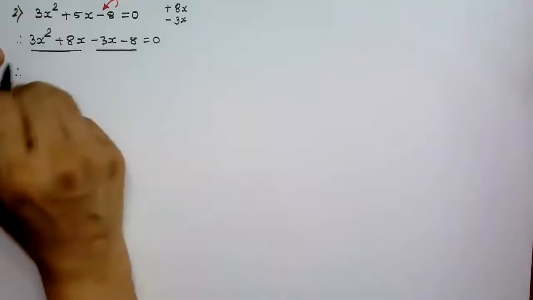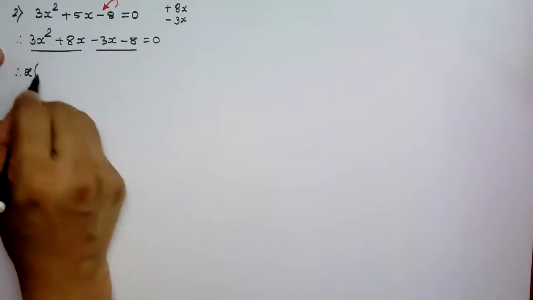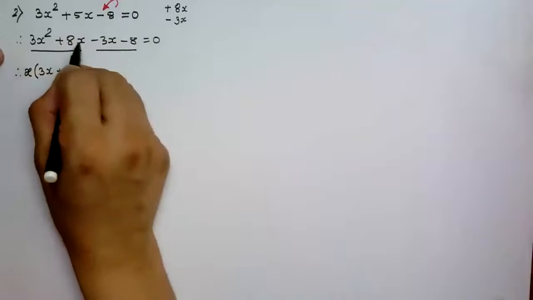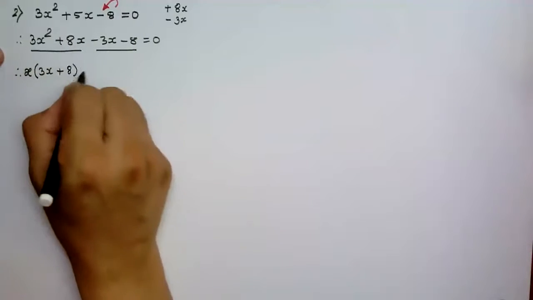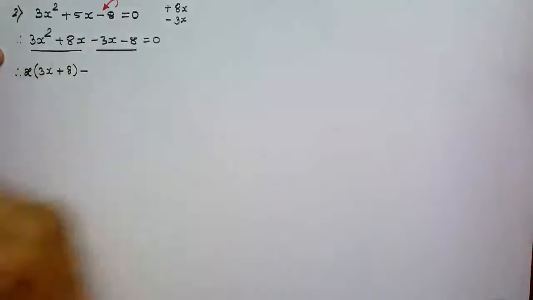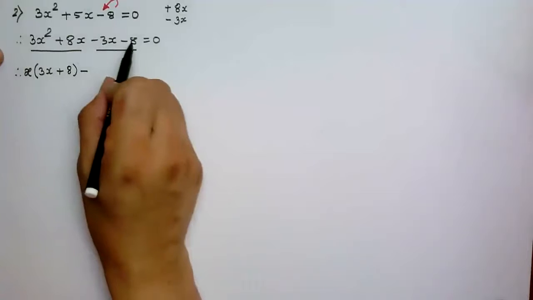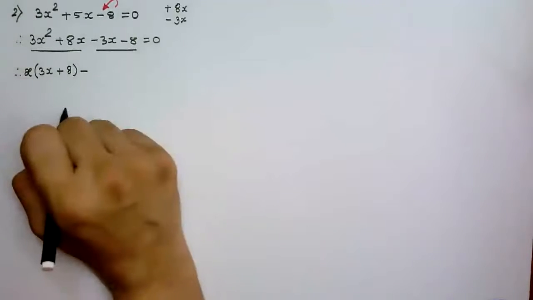So nothing is common over here. Only x is common. So there remains 3x plus, as I have taken this x outside, there remains 8 minus. See, this is very typical. Nothing is common. No number is common. x is not present over here. So even x is not common.